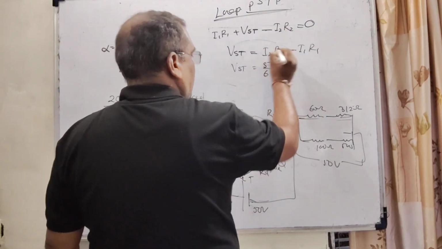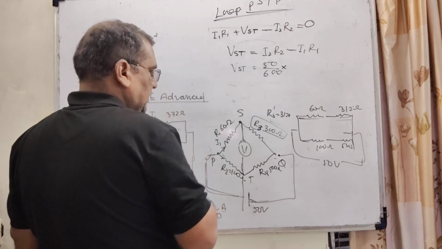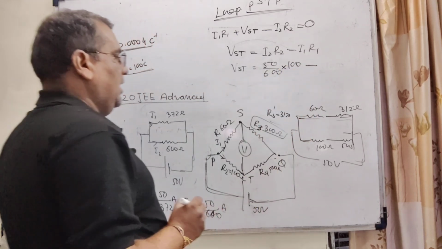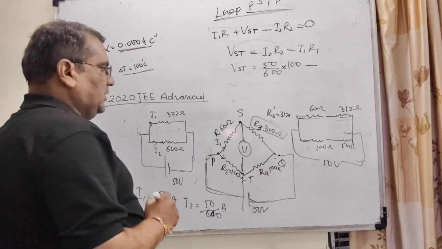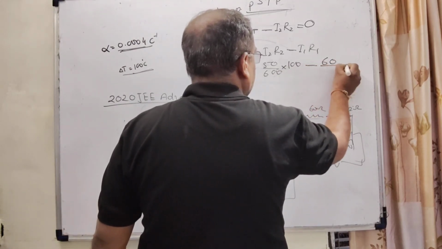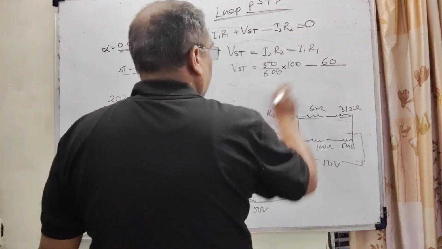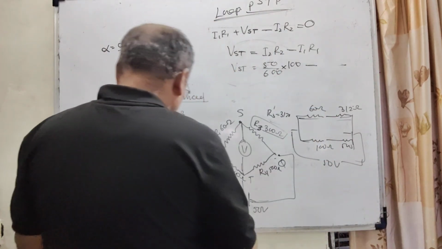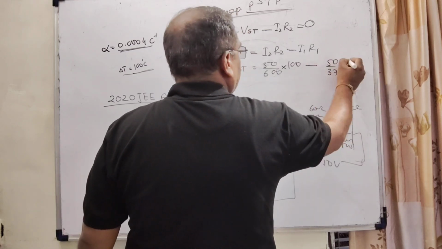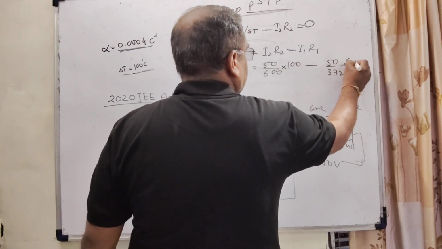And what is R2? R2 is 100, minus I1. What is I1? That is 50 by 372, and R1 is 60.